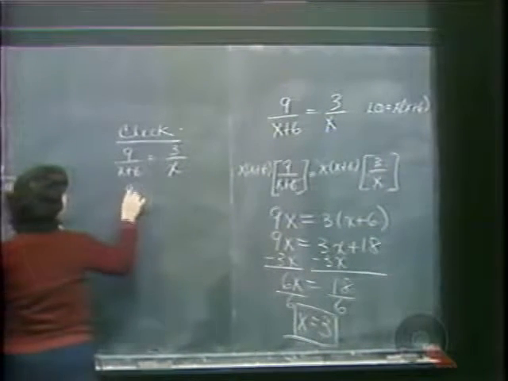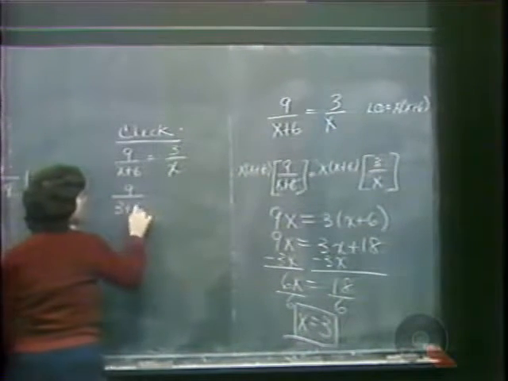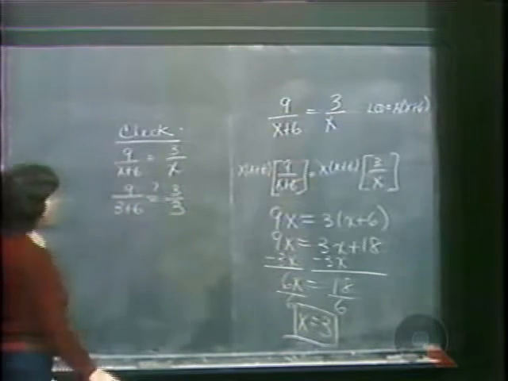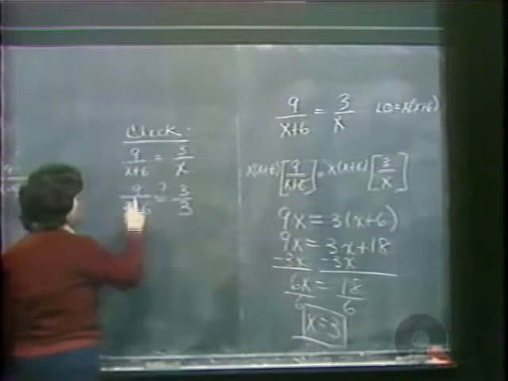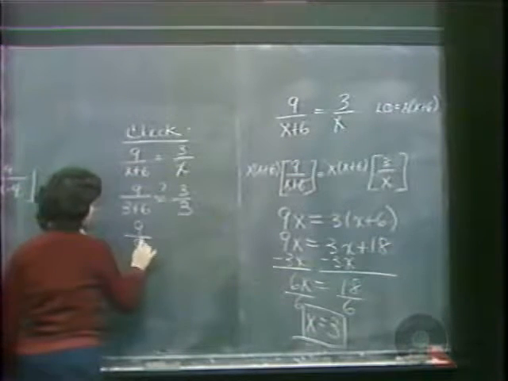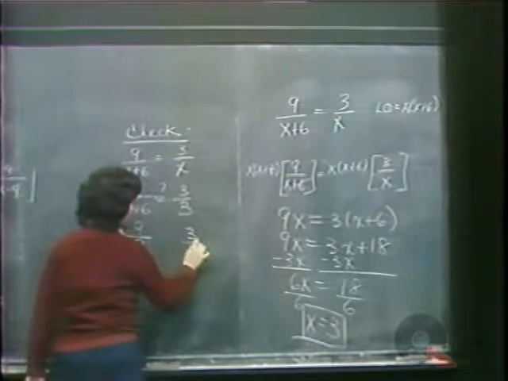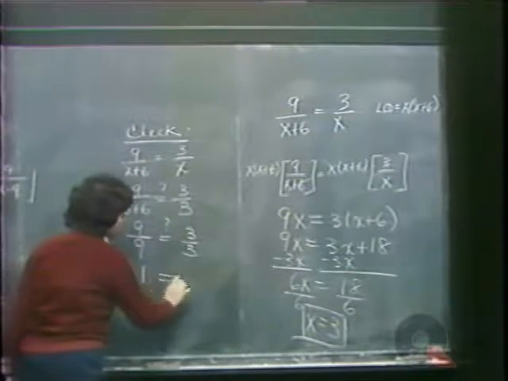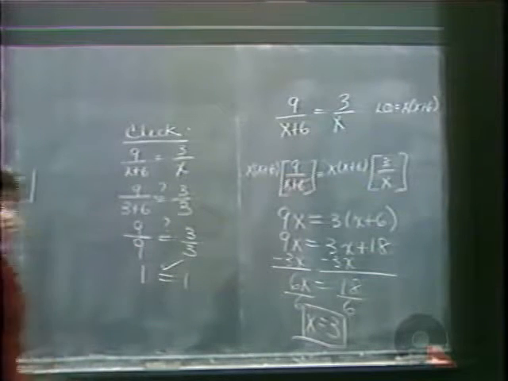We'll get 9 over 3 plus 6 should be equal to 3 over 3. And this happens to work out very nicely. We get on the left 9 over 9, and on the right 3 over 3. And of course, the left side reduces to 1, and so does the right side.